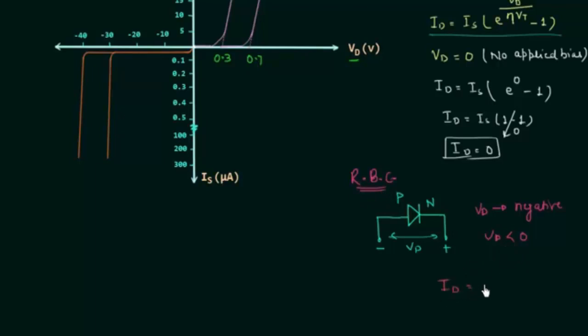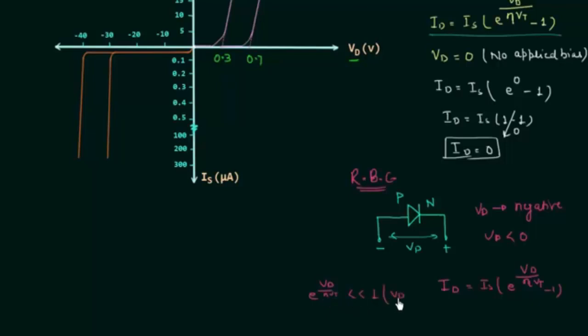ID equal to IS in bracket we have e raised to power VD by eta VT minus 1, and now this VD is negative, so e raised to power VD by eta VT is less than 1.